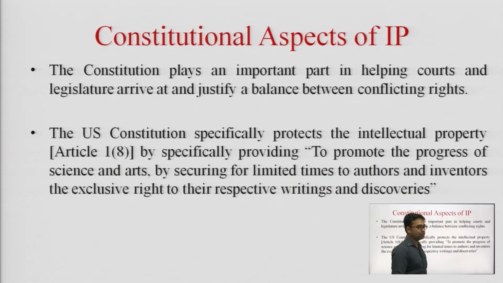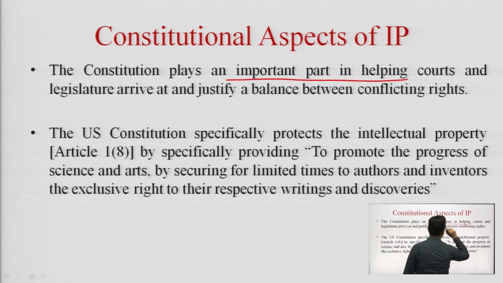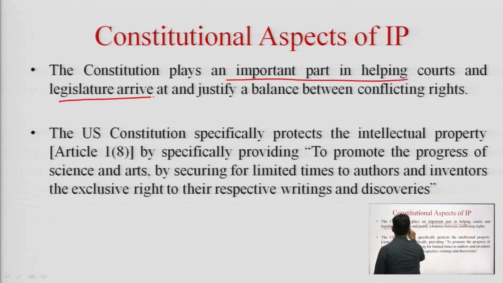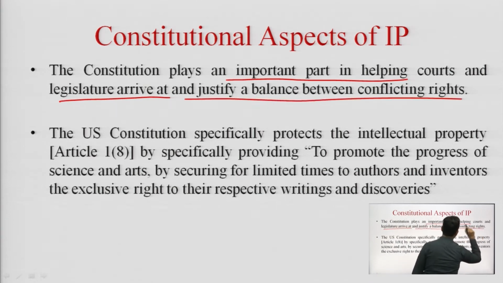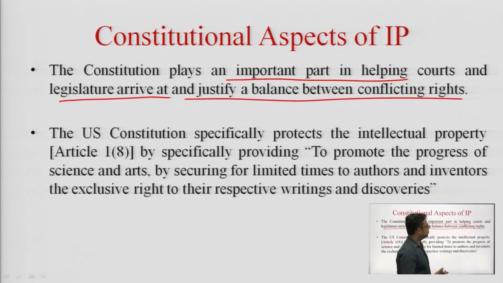Now, what are the constitutional aspects of intellectual property? Okay, the constitution plays an important part in helping courts and legislatures arrive at and justify a balance between conflicting rights. Now, what is the role of constitutions? Means the law. What is the use of law? Suppose two persons are fighting for the same idea, that I have created first, I have created first, and both want this.